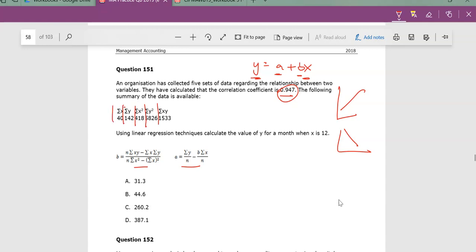So using linear regression, calculate the value of y for a month when x is equal to 12. So let's look and calculate b very quickly. They tell us there are 5 sets of data that we're dealing with. They have to give all of this to you. So n is equal to 5. So you're looking for that 5 times Σxy, and you look here, Σxy, that's 1533.